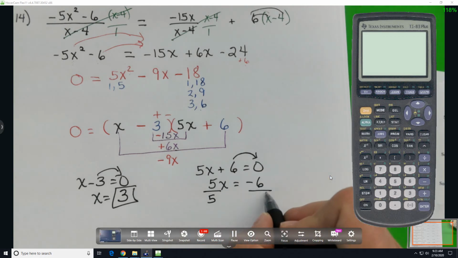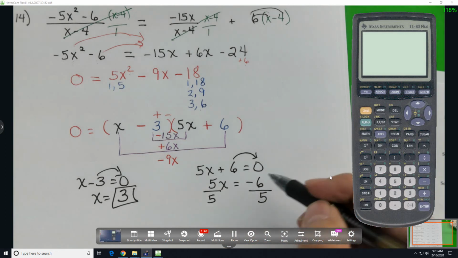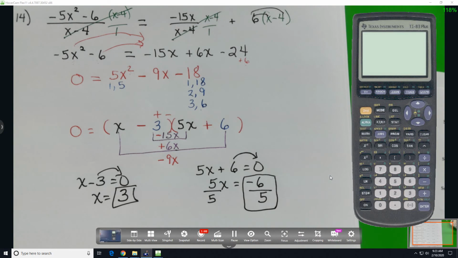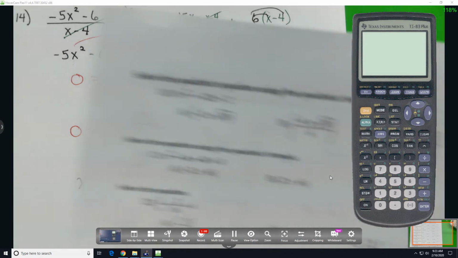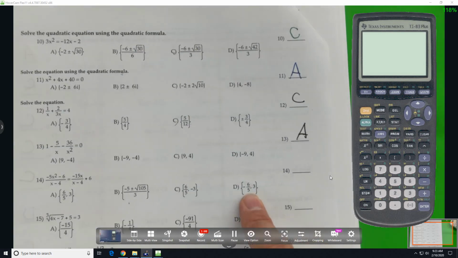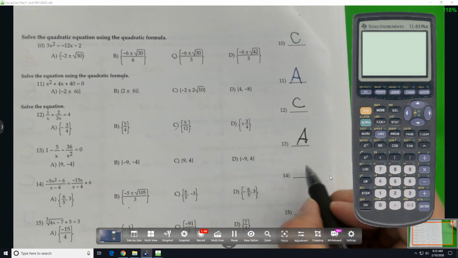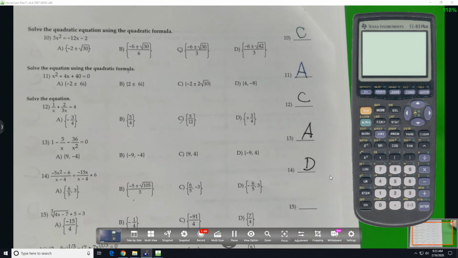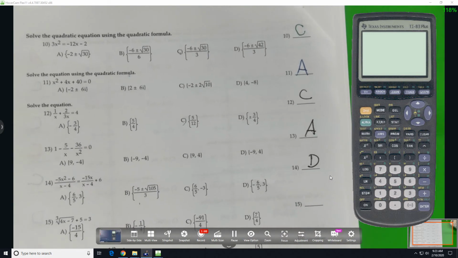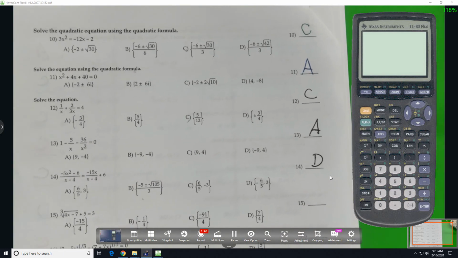And divide by 5. So a negative 6 over 5. 3 and negative 6 over 5. I'm thinking this one's D. A 3 and a negative 6 over 5. Okay. Any questions here?